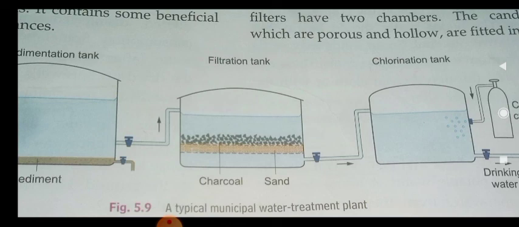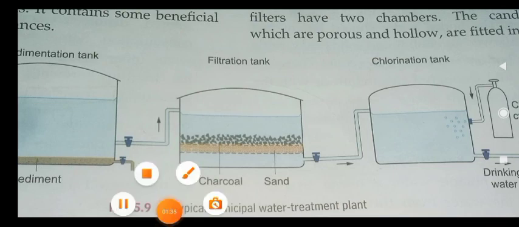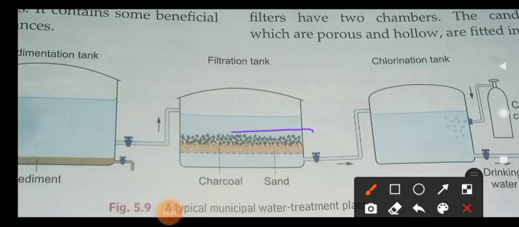The charcoal and the sand layer separate the impurities present in the water. It filters the water. The charcoal will filter the water. The impurities, the residue, will stay back at the sand layer. When the water passes through these two layers, we will get clear water.